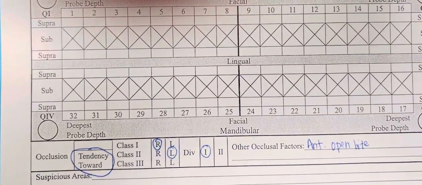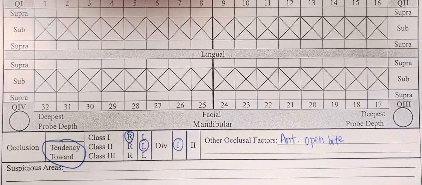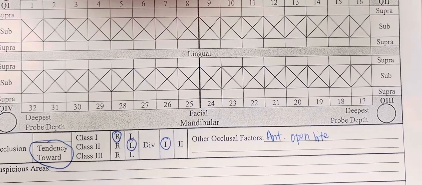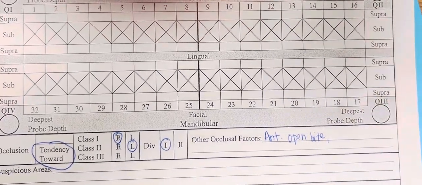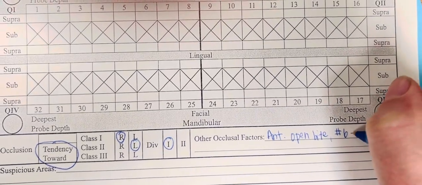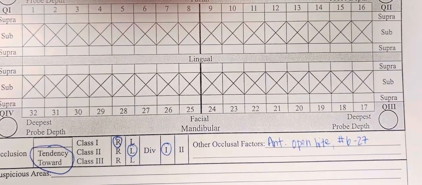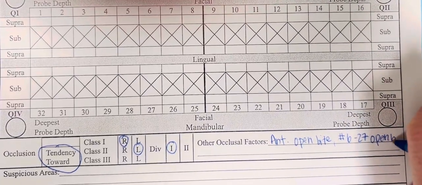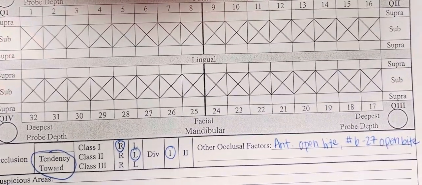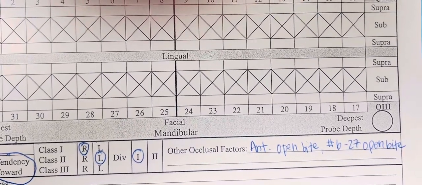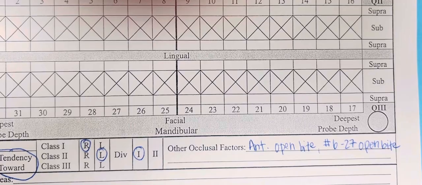Now that would mean they have an open bite with all of the anterior teeth. Maybe they have an open bite in just one area. So instead you could say it is tooth number 6 with 27 has an open bite. So either tooth regions, sextants, or tooth numbers, be as specific as possible.